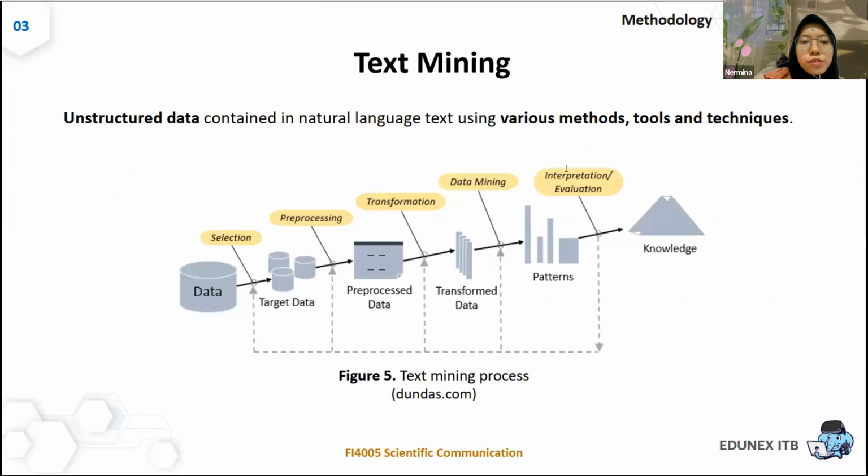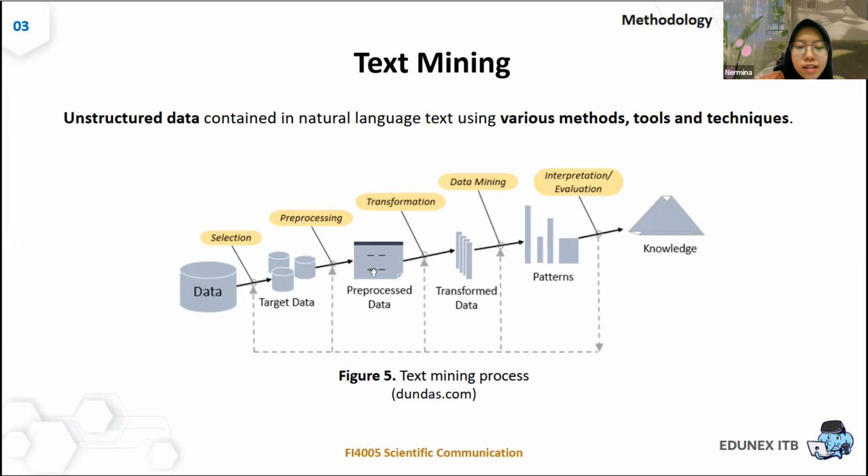We're going to move on to text mining. What is text mining? Text mining or text analytics is the analysis of unstructured data contained in natural language text using various methods, tools, and techniques. This is figure 5, showing the text mining process. Start with determining the target data and then crawling the data.